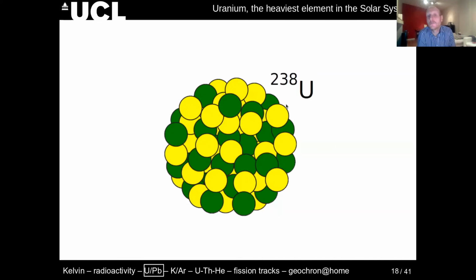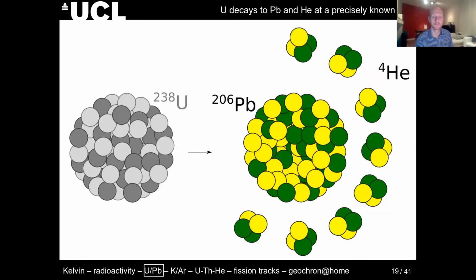It's essentially too big for its own good, and it will decay with time to smaller, more stable atoms, notably lead, as I explained before, and alpha particles, which, when they acquire electrons, turn into helium atoms. Uranium decays to 1 lead atom and 8 helium atoms. So we get 2 clocks for the price of 1.